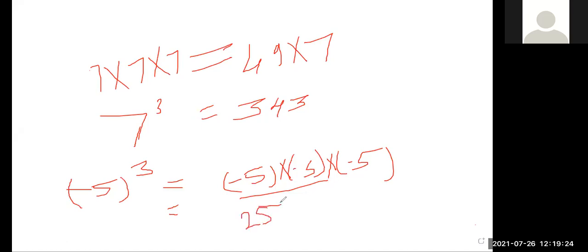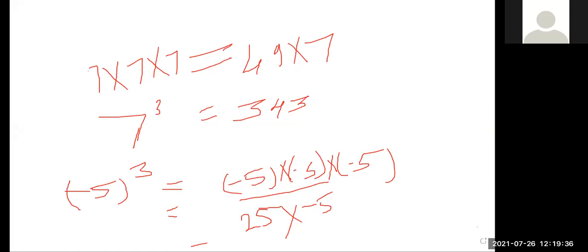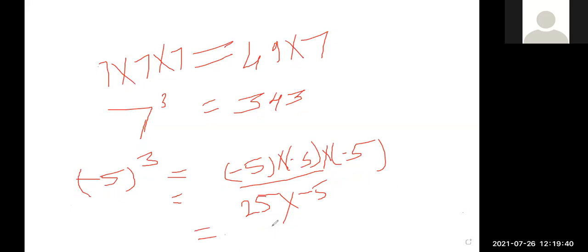Remember, minus 5 squared is 25. Minus times minus is plus, into minus 5. What will we get now? 25 into minus 5. 25 fives are 125, but due to the negative sign, it will be minus 125. Understood?